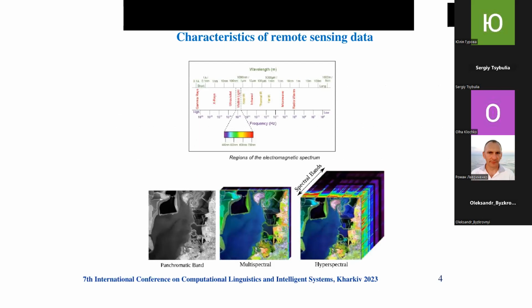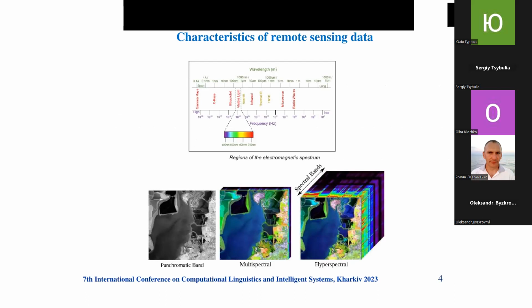The modern satellites are able to provide high-resolution multispectral data due to the presence of red, infrared, and near-infrared parts of spectrum in this data.